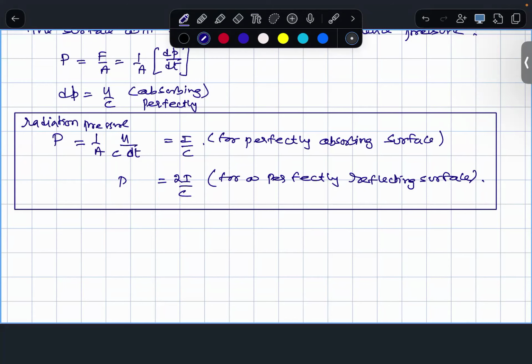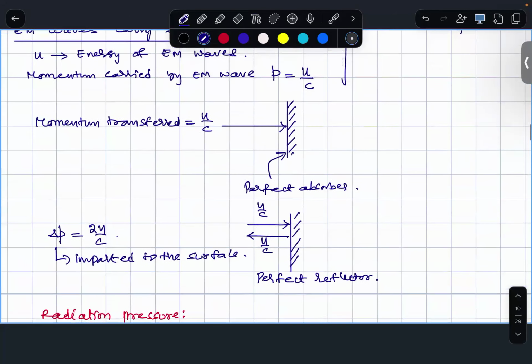Okay. One last application aspect, last 1 minute.